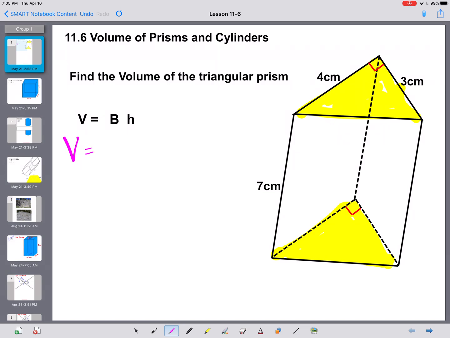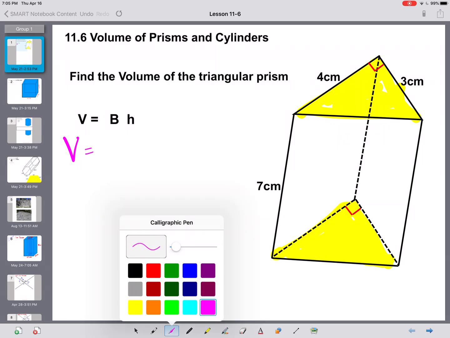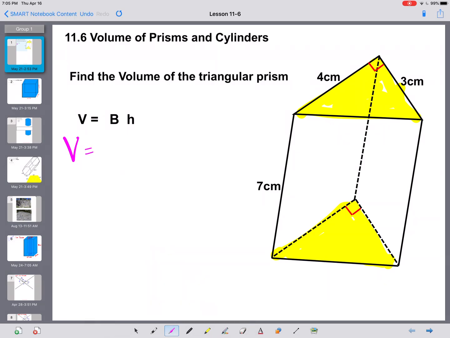Volume is, for our triangular base, what's the formula for area of a triangle? It's 1/2 small base times the height. Then we multiply it by the height of the prism.